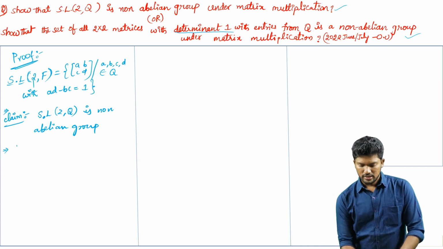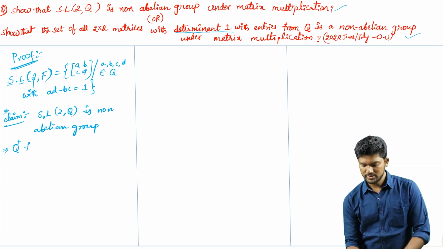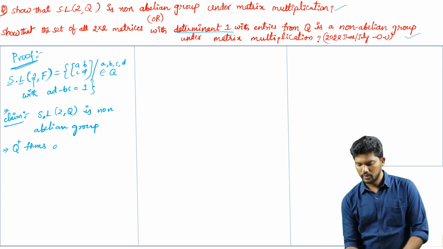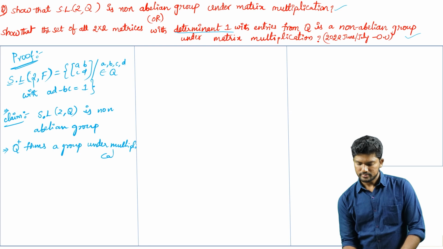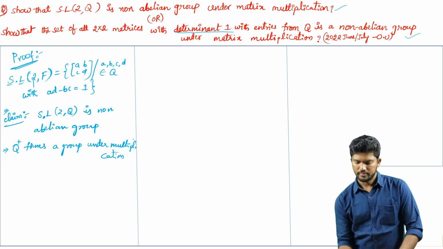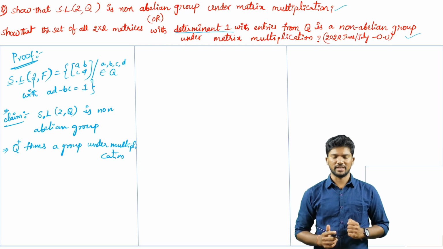The set of positive rational numbers forms a group under multiplication.